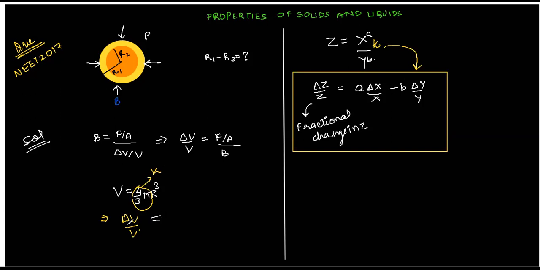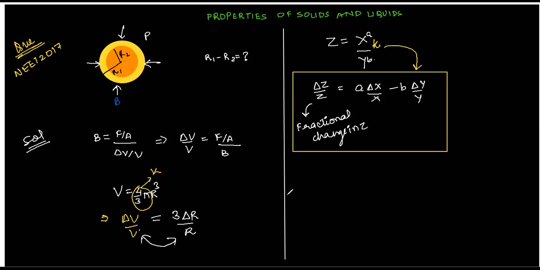Fractional change in volume is equal to 3 delta R by R. Absolutely correct. So this gives me the relation between fractional change in volume with fractional change in radius, right?